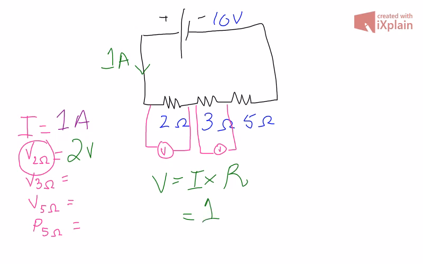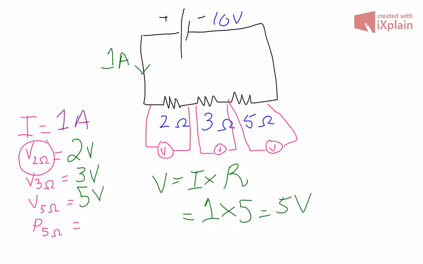It's 1 ampere times the resistance of 3, which leads to 3 volts. So across the 3 ohm resistor, we have a voltage drop of 3 volts. Similarly, for the voltage drop across the 5 ohm resistor, we still have the same exact current, 1 ampere, but the resistance is 5, so the voltage drop is 5 volts.